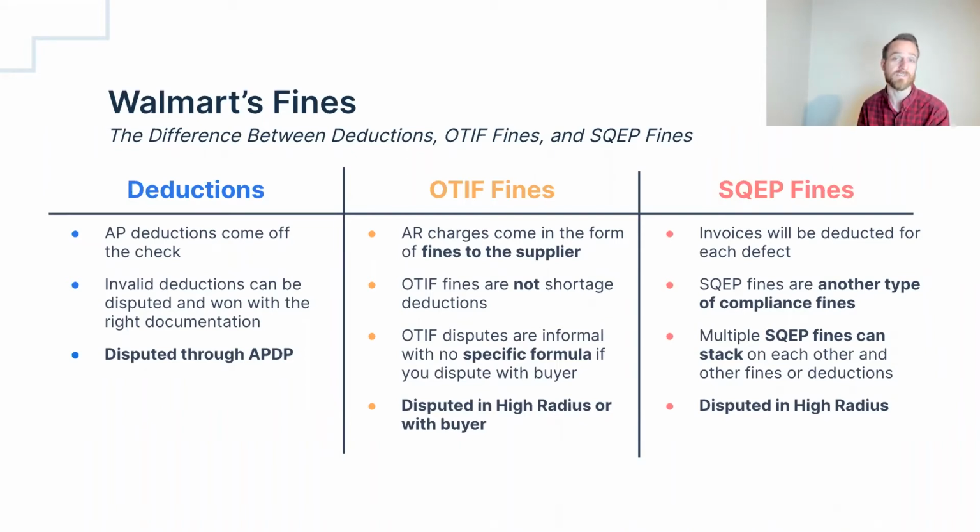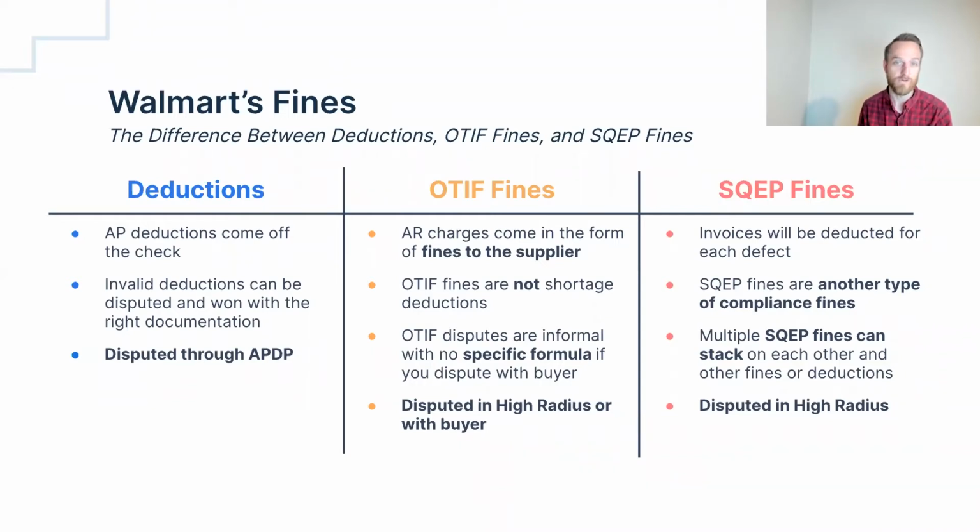Those are separate from OTIF charges, and they come from 2 different processes. Walmart could withhold payment for goods that they feel they did not receive. That would be an AP deduction. But then on that same PO, you can also get a not-in-full fine from OTIF. So, 2 different types of charges.